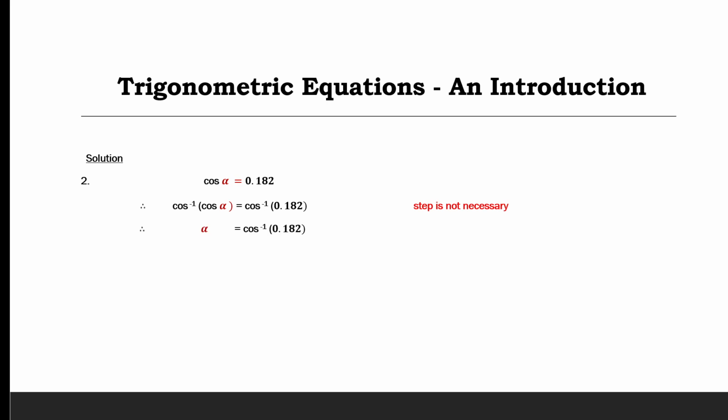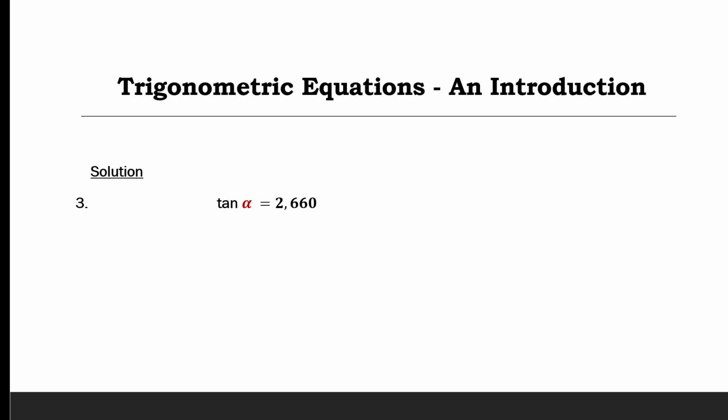As a result, we get alpha equals the arccos of 0,182, and applying that on the calculator will yield 79,51372 degrees, and to two decimal places, we get 79,51 degrees.